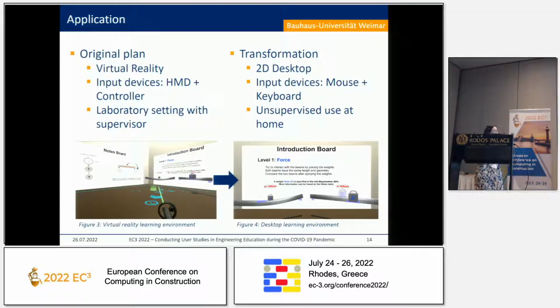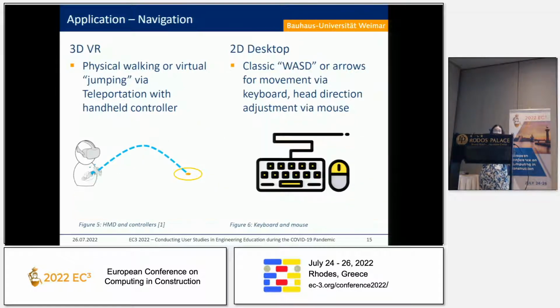So going from this virtual reality environment and using the same Unity environment for desktop, we went from our input devices, our HMDs, to the classic mouse and keyboard setting at home.